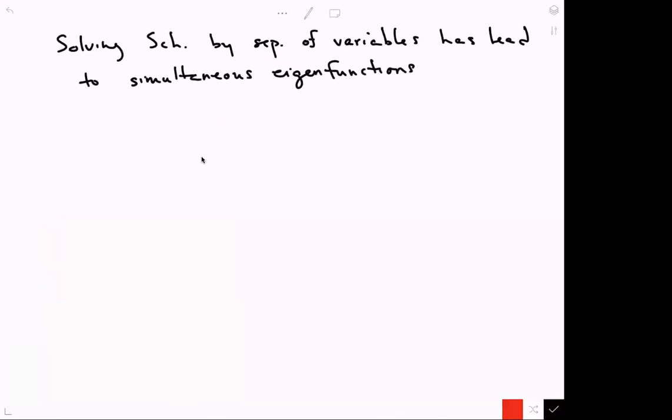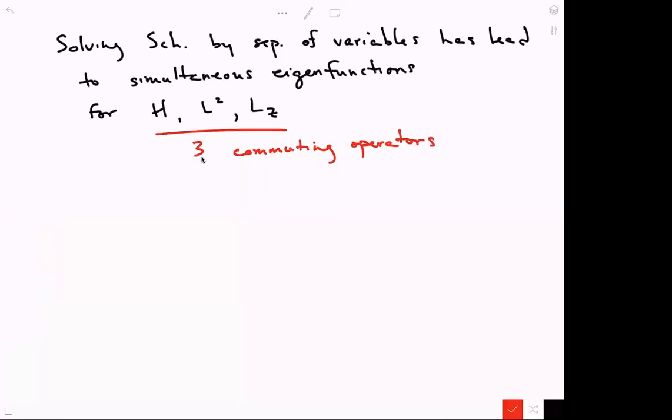So we've got simultaneous eigenfunctions for, what do we have? Our Hamiltonian, our angular momentum squared, and the z component of our angular momentum. And these 3 are things that commute. So it does make sense that these 3 operators that commute would lead us to simultaneous eigenfunctions.